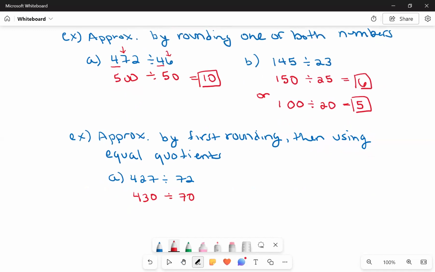In that case, if I'm going to use the equal quotients, I'm going to divide both numbers by 10. Now that doesn't actually give me something all that nice. So they actually round the 43 to 42, and they're like, well, it's close enough. We're approximating anyways. And 42 is divisible by 7, so that's 6.